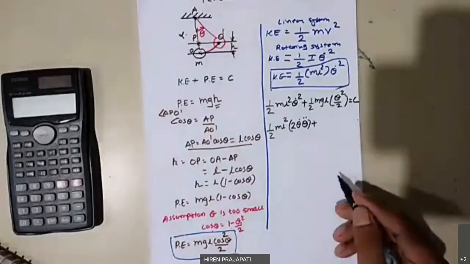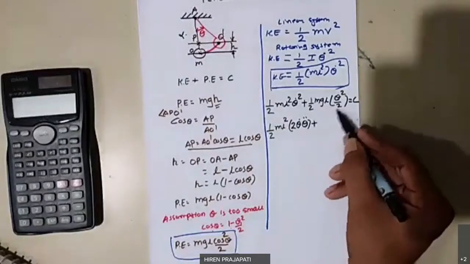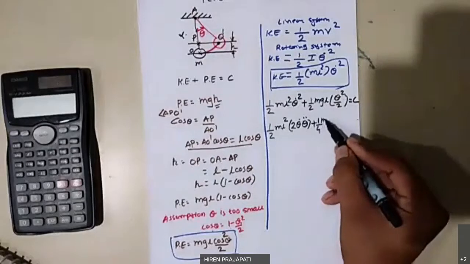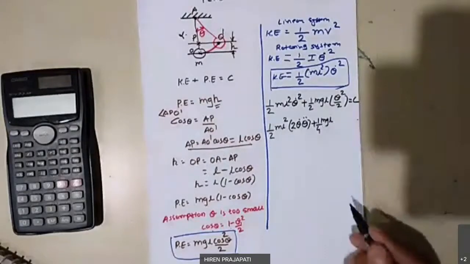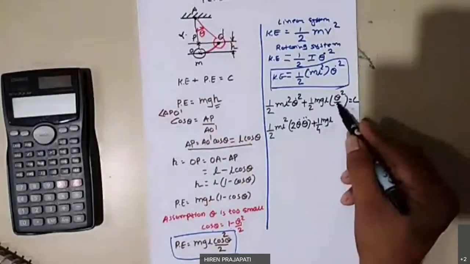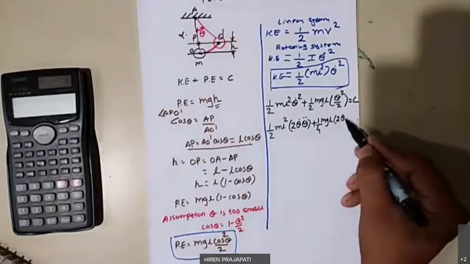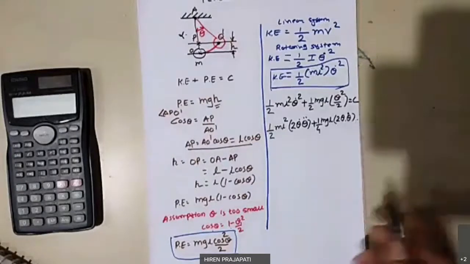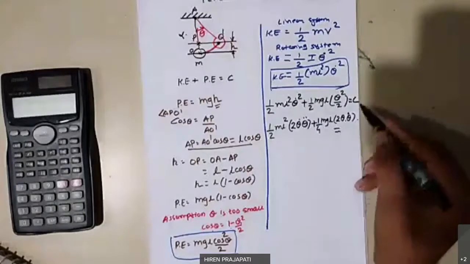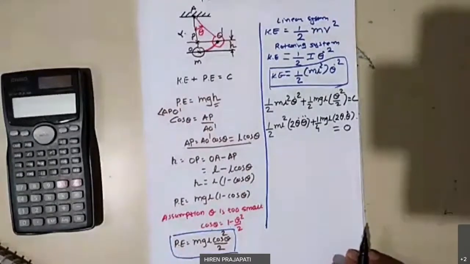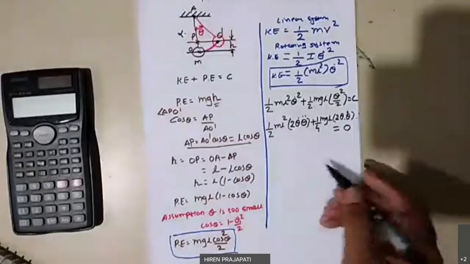Similarly now, plus this 1/4 mgl. Now theta square differentiation, that is 2 theta, and displacement is again differentiated, then we get angular velocity theta dot. And the constant on the right side is 0, since differentiation of a constant is 0.